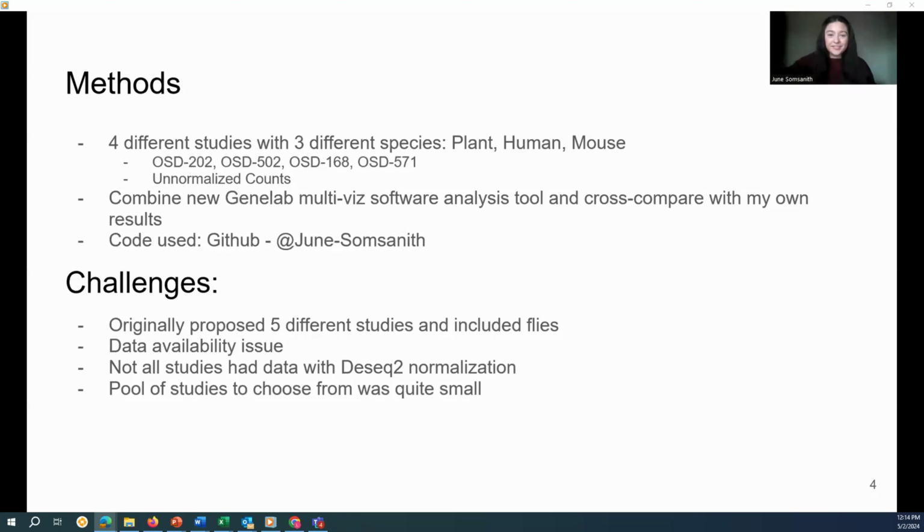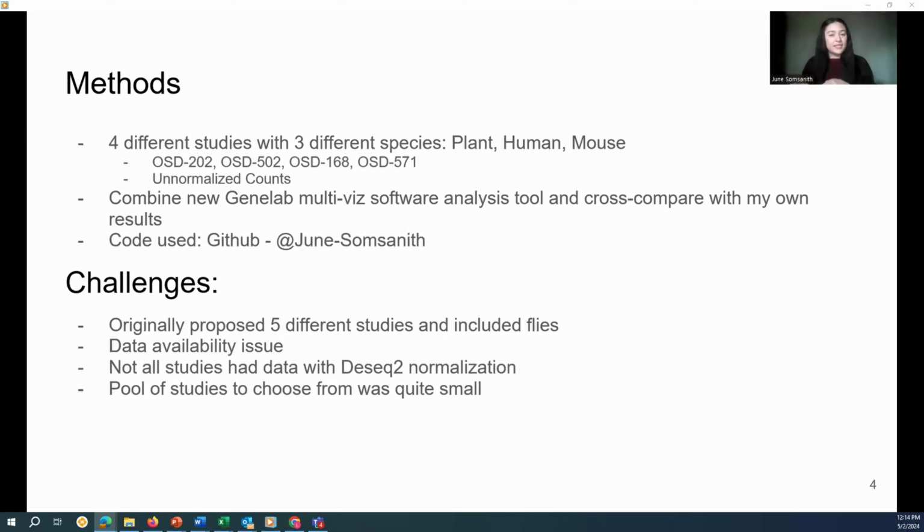However, there were challenges to conducting this study. Originally I proposed 5 different studies, which included flies and worms, but there were issues with data availability. Not all of the data I wanted to use is RNA sequencing, and to keep things simple and precise, I only used RNA sequencing data for this.